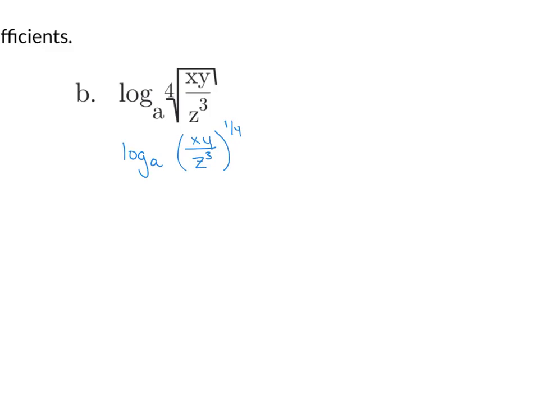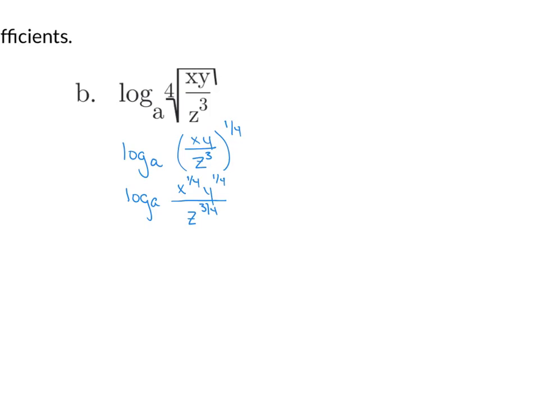I'm going to distribute my 1/4, and we get log base a of x to the 1/4, y to the 1/4 over z to the 3/4. Now we can write this as a sum and difference.